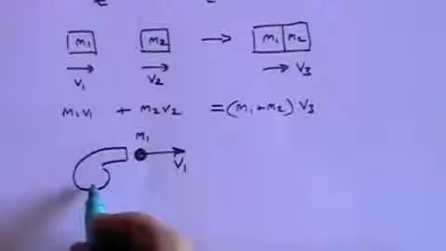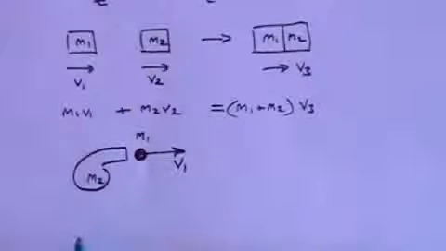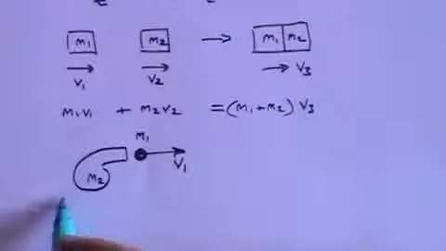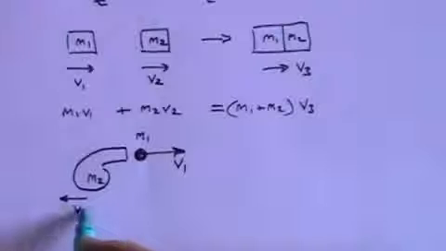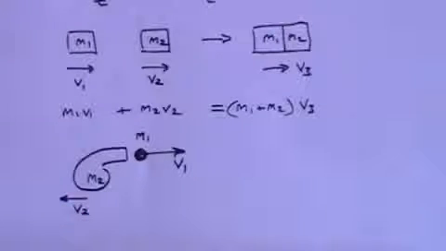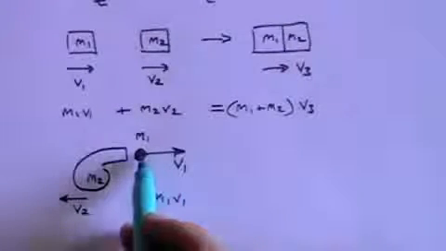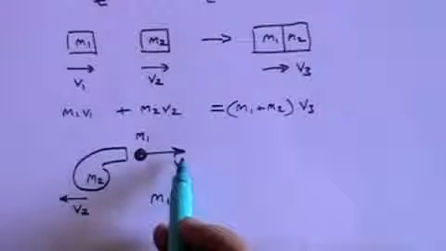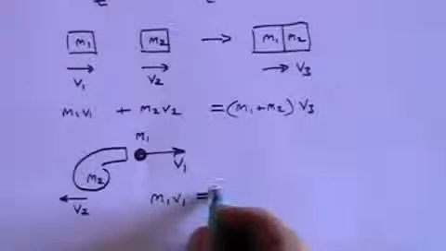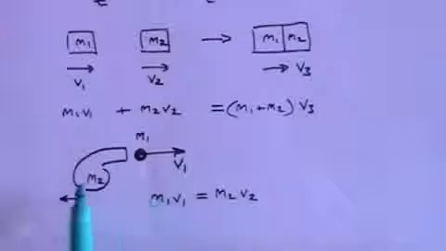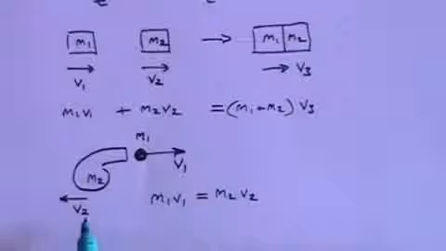The cannon, which has a mass m2, will then have to what they call recoil at a velocity v2 in order that momentum shall be conserved. The momentum beforehand was 0 and the momentum afterwards must be 0. And that means that m1 v1, that's the mass of the cannonball times the velocity of the cannonball, must equal m2 v2, that's the mass of the cannon times the recoil velocity of the cannon.